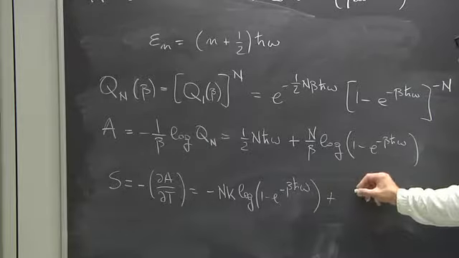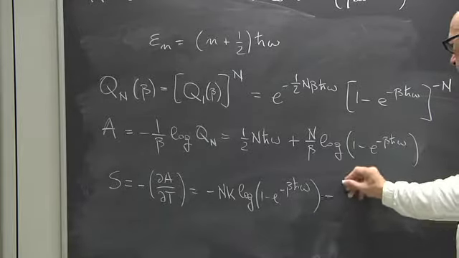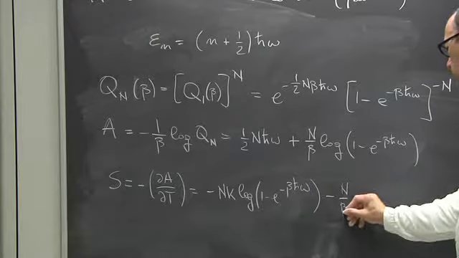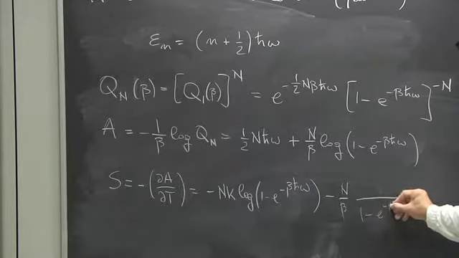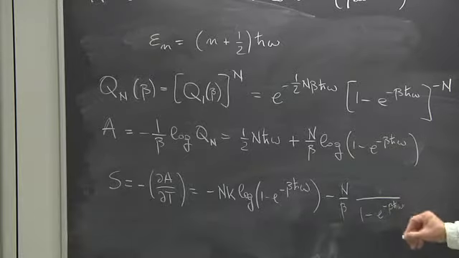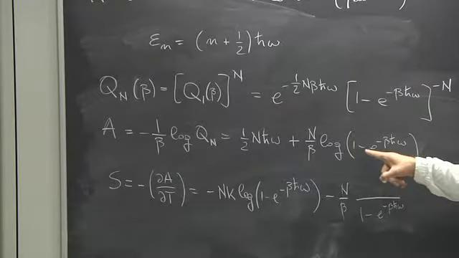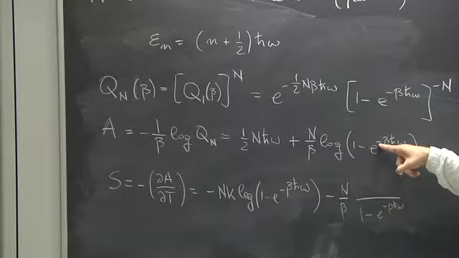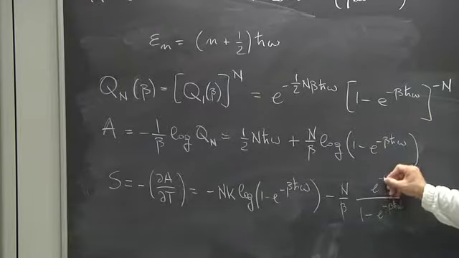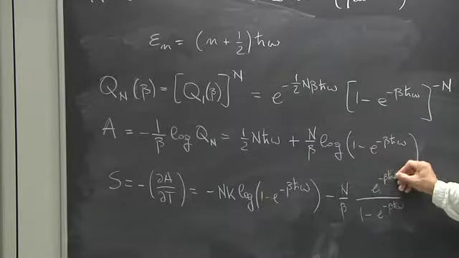So I have minus n over beta, and then 1 minus e to the minus beta h bar omega, and then the derivative of this, which is e to the minus beta h bar omega.